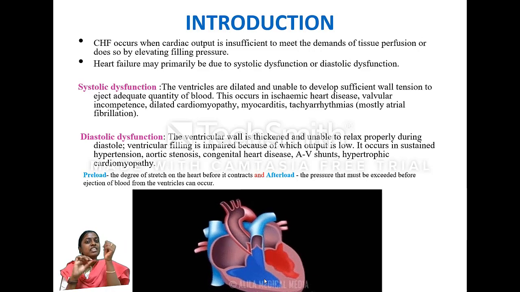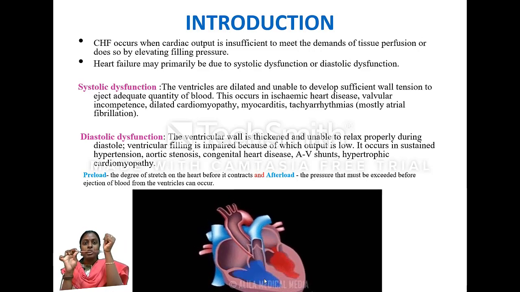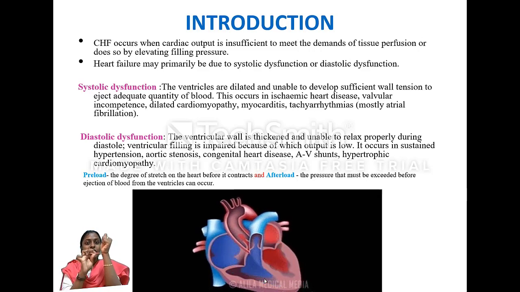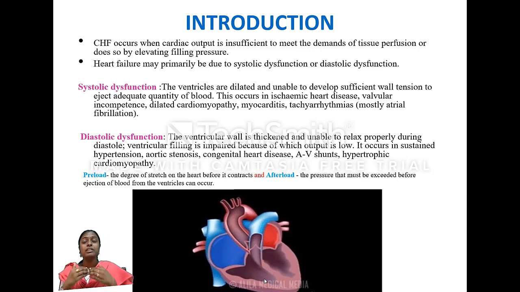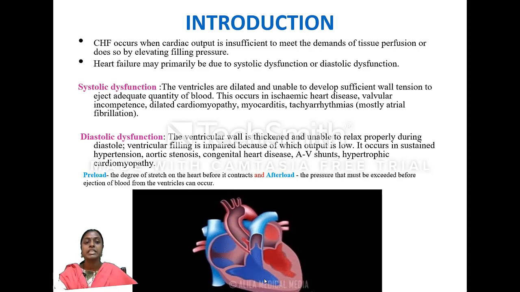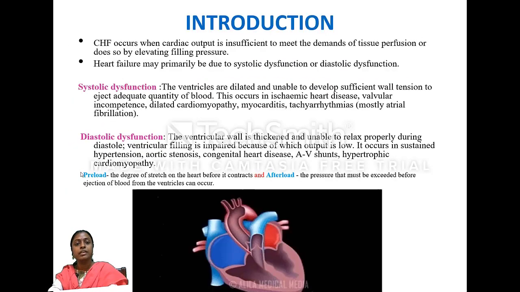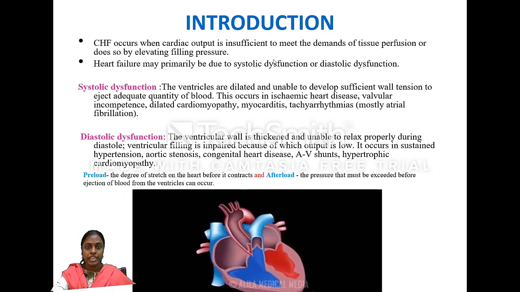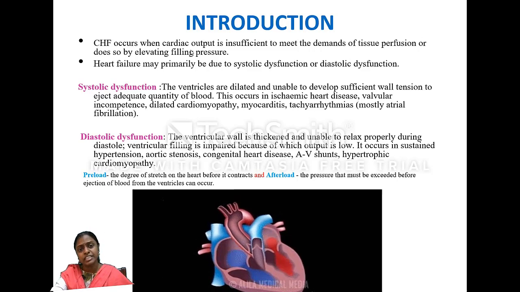But if there is less wall tension, actually the wall tension should be this much, but what if the wall tension is only till this much? So it can't contract, and it can't pump the blood which we are expecting, isn't it? That's why systolic dysfunction causes CHF. Congestive heart failure is also known as CHF.